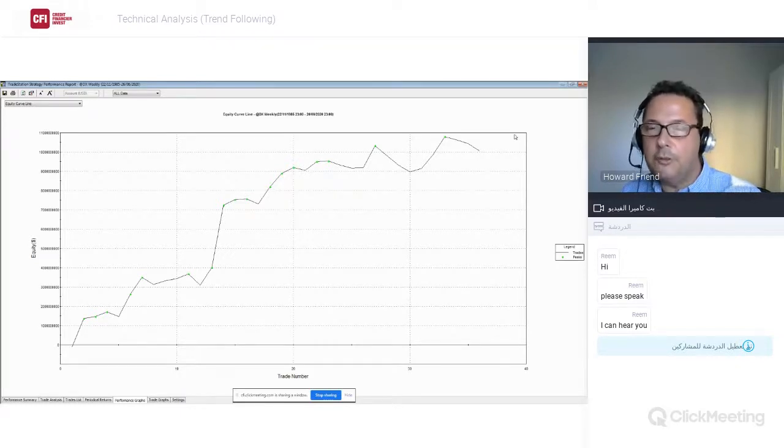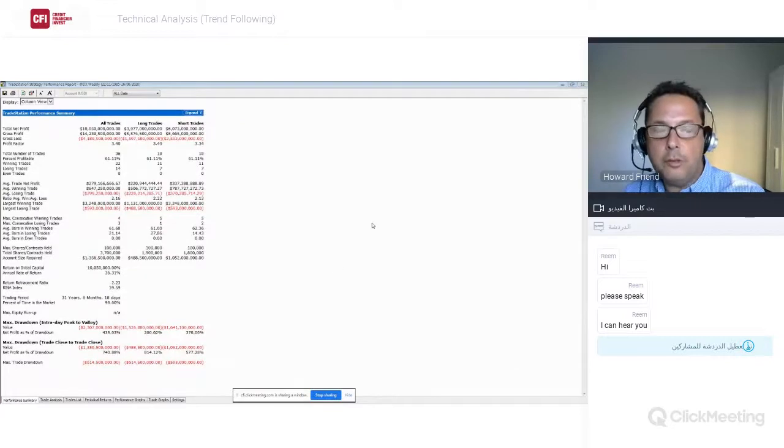It shows that as a trend following indicator, the combination of the 30-week Donchian channel and the 6-week swing high, swing low indicator is not a bad one. Over the long period from 1985 to 2020, we're talking about 61% profitable and a profit factor of 3.4 times, so also quite respectable.